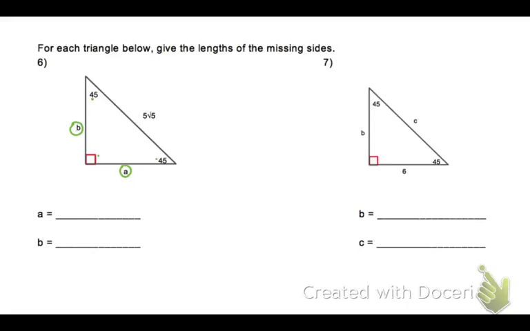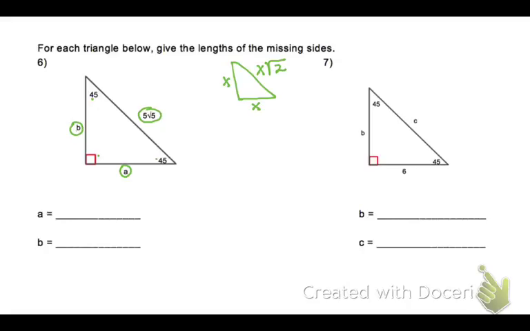And we know that our hypotenuse is equal to 5 times the square root of 5. So we know our rules, in that these two sides are the same, and the length of the hypotenuse is x times the square root of 2. Here we're given our hypotenuse, 5 times the square root of 5, and we need to find x, so we know what a and b are.